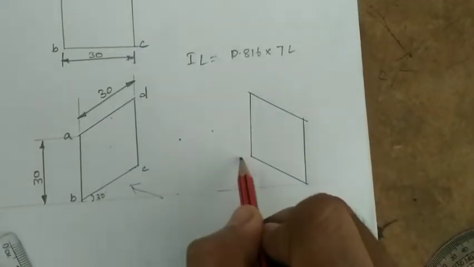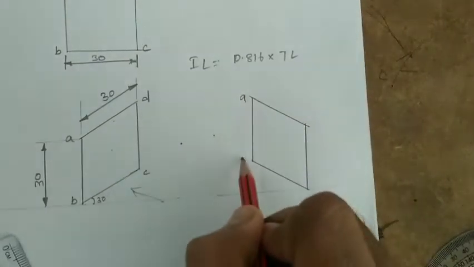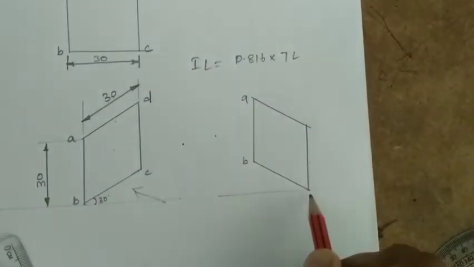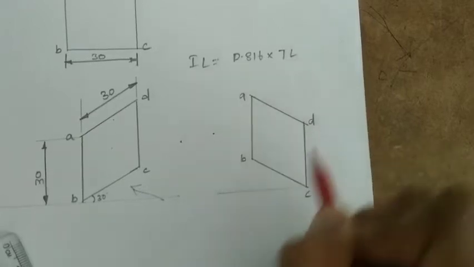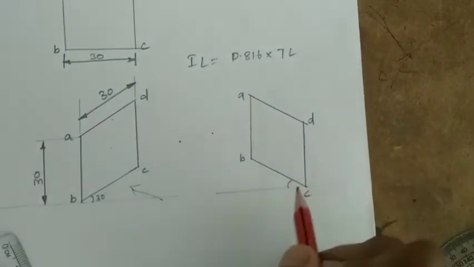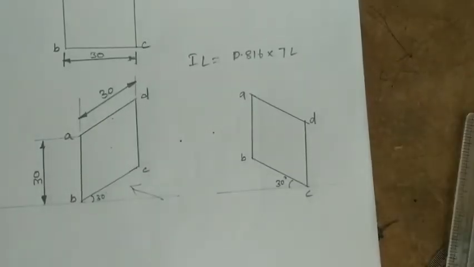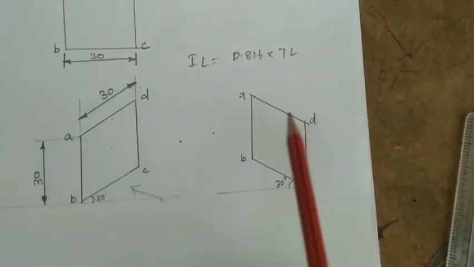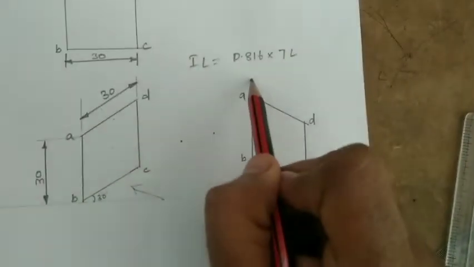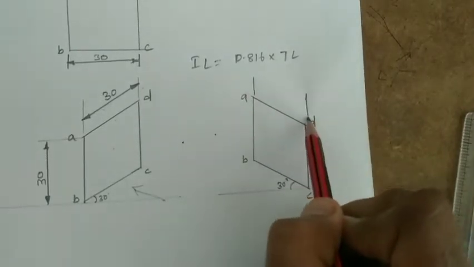Here it comes A, B, C, D, at an angle of 30 degrees. The dimensions you have done here, you can make here also, I am mentioning it roughly.